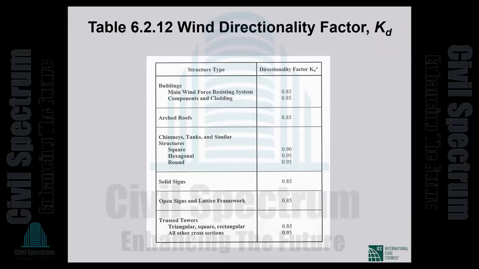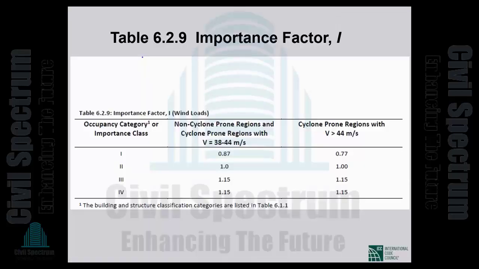K sub D comes from this table, that is 6-12 of BNBC 2020. And K sub D, very importantly, is 0.85 for all buildings, component and cladding as well as main wind force resisting system. Importance factor comes from this table, 6.2.9. So cyclone prone region, you have a set of values. Importance factor, as I said, is 1.15 for important buildings.